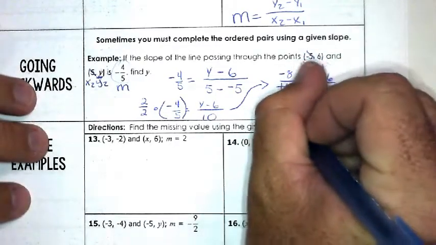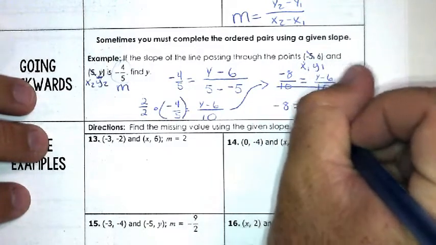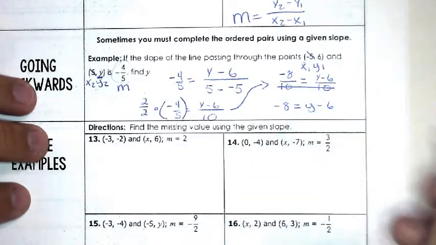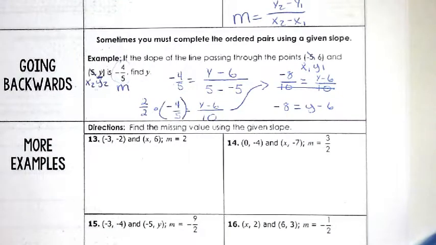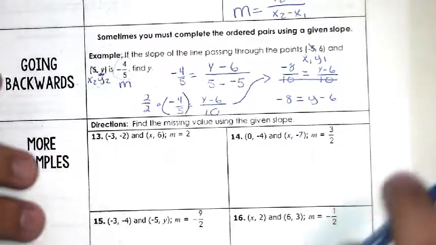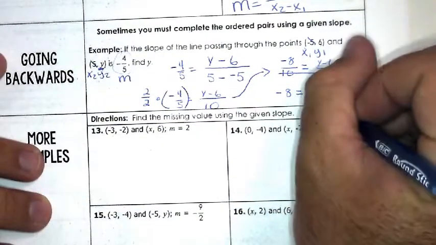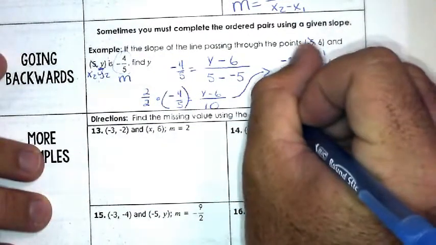Have I been doing this for the last 2 units now? Solve for the missing variable. How would I solve for y in this situation now? Add 6 to both sides. Zero pair. Negative 8 plus 6 is? Negative 2.